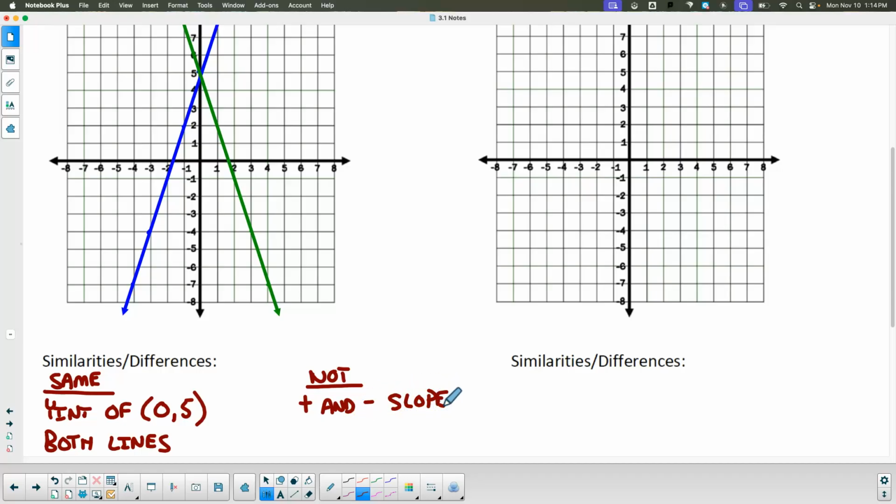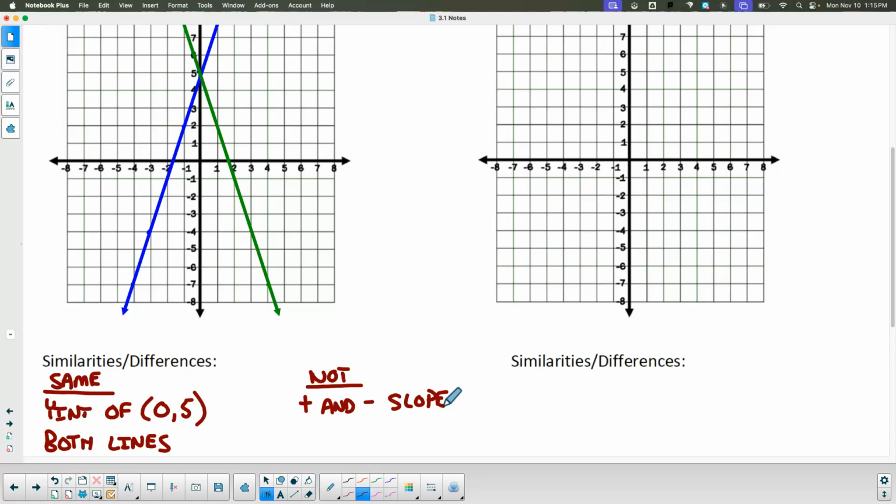So that means that they're going to be going in different directions, which blue and green are going in different directions. Yes. Anything else that's different? I guess there's different numbers. There's different numbers. Yep, which would then make them different lines. Yep. Okay. All right. Love it.